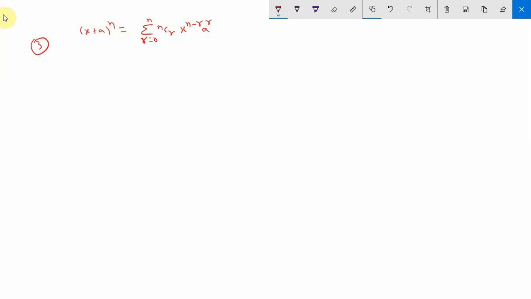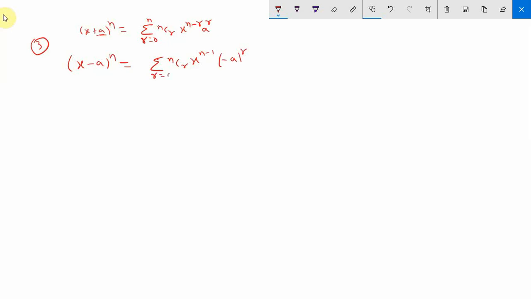If we replace a by minus a, we can write (x minus a) to the power n will be equal to summation, r varies from 0 to n, nCr x to the power n minus r and (minus a) to the power r.